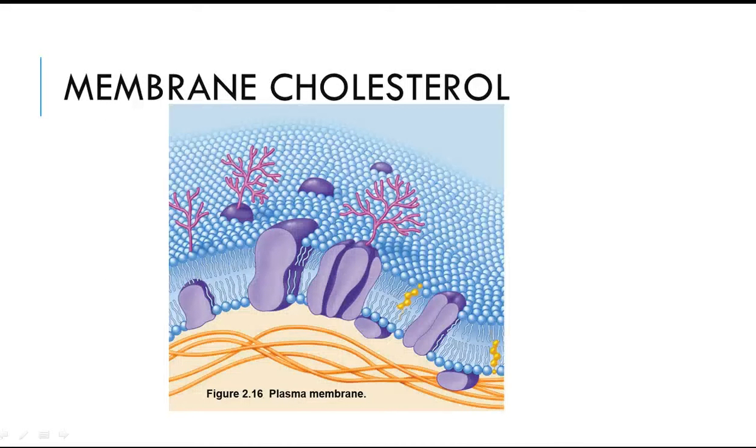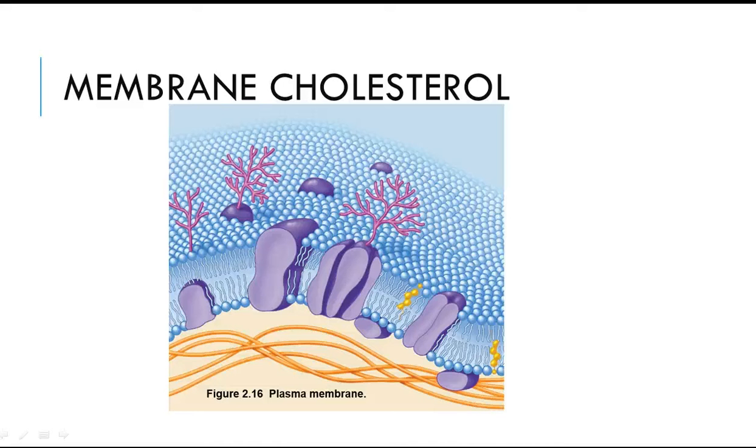Another important component of a cell membrane, besides the phospholipids and the proteins, is a molecule called cholesterol. Cholesterol gets kind of a bad rap out in society, because we're human and we tend to overconsume things. It causes heart disease and so on. However, you would never want to take it away from your diet 100%, because it's important for membrane structure.